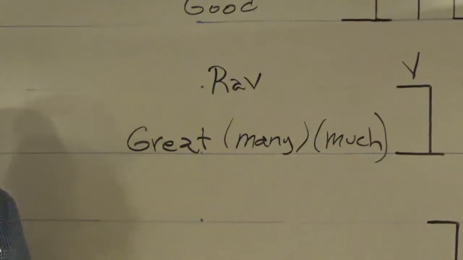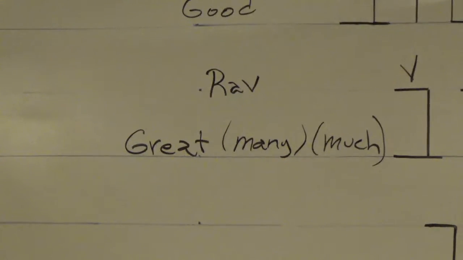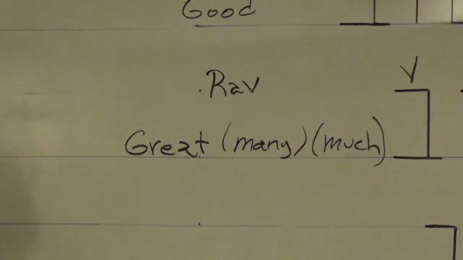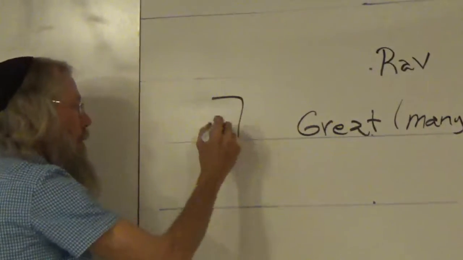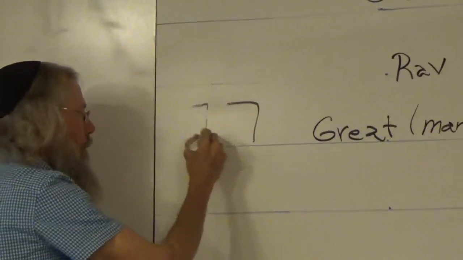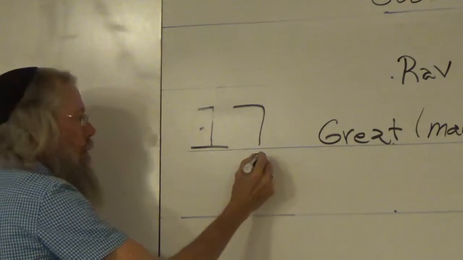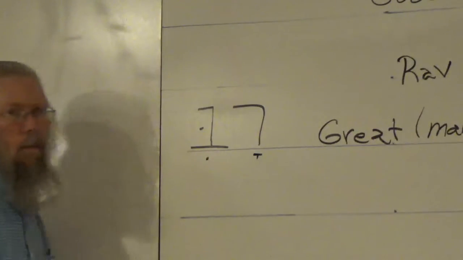Okay, this is the root word for rabbi. This is the root of rabbi, Ravi. Okay? How? Well, you would harden it. Ravi.